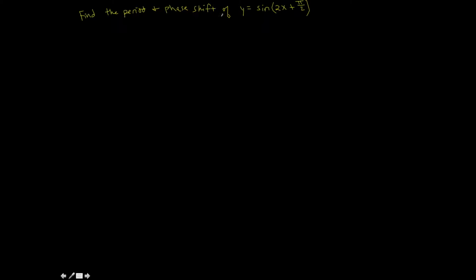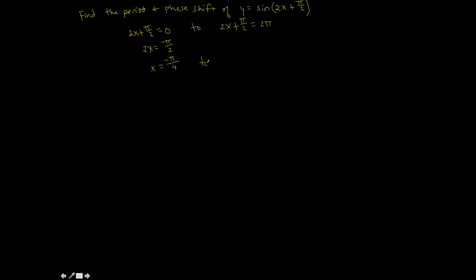First things first, we're going to take 2x plus pi over 2 and set it equal to 0, and set it equal to 2 pi. This would give us 2x equals negative pi over 2. And if you divide by 2, you get x equals negative pi over 4.